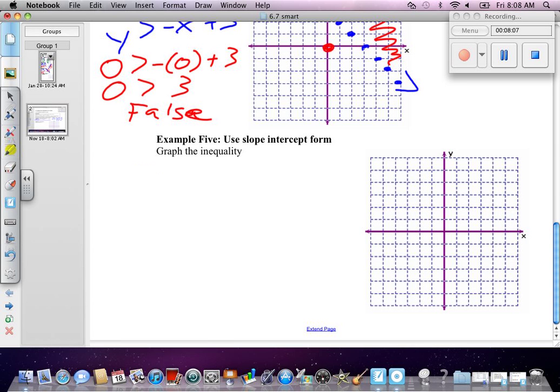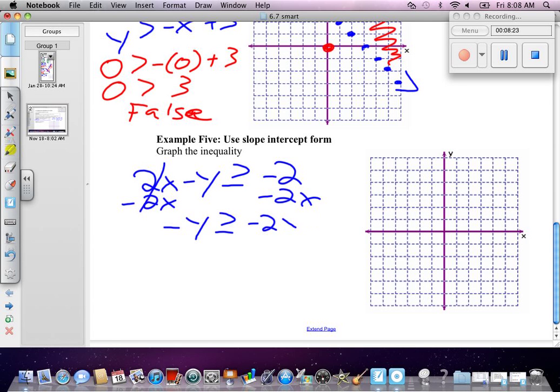Okay, we've got 2x minus y is greater than or equal to negative 2. Who can tell me my first step to getting y equals mx plus b form? Marcel? Minus 2x, good. Who can tell me the next step? Divide everything by negative 1.